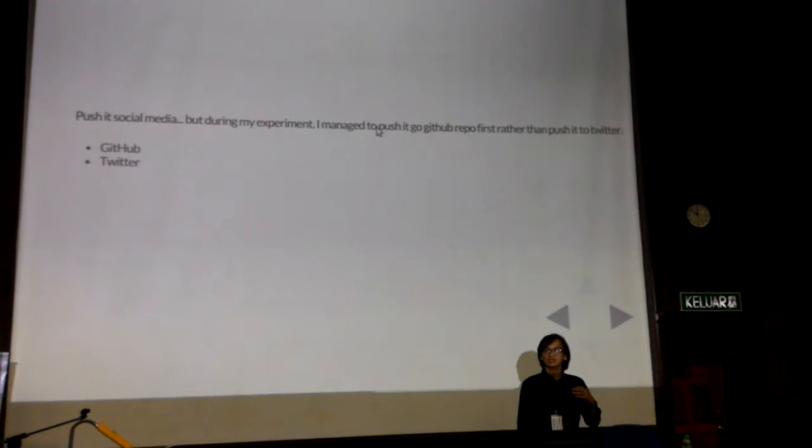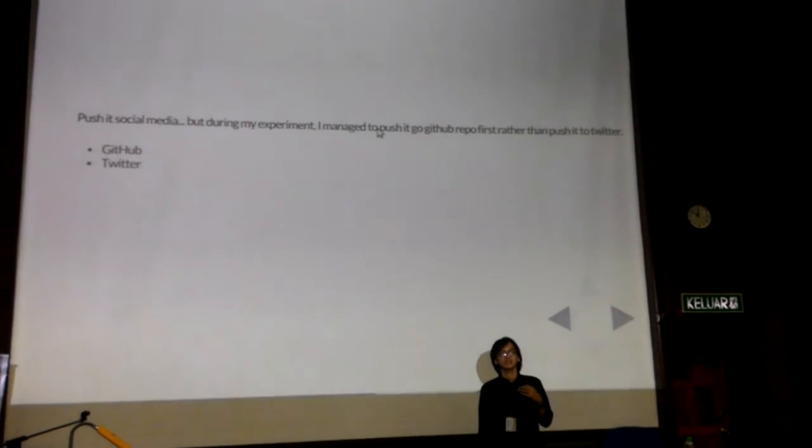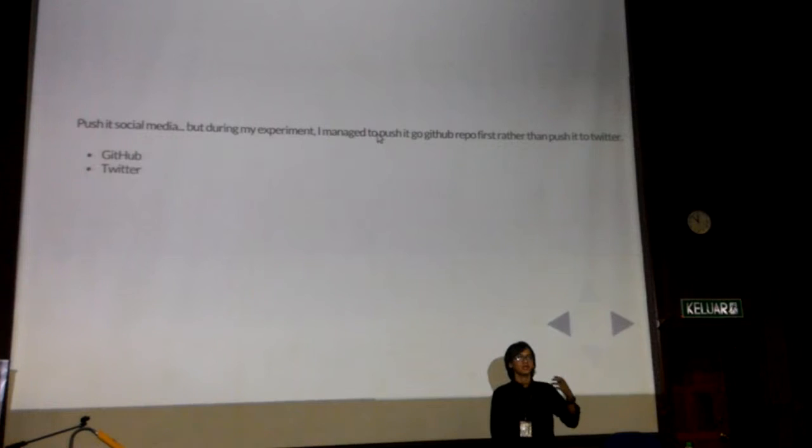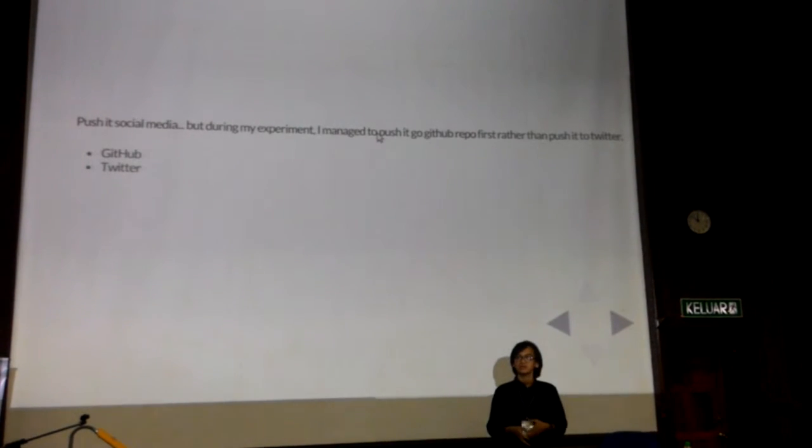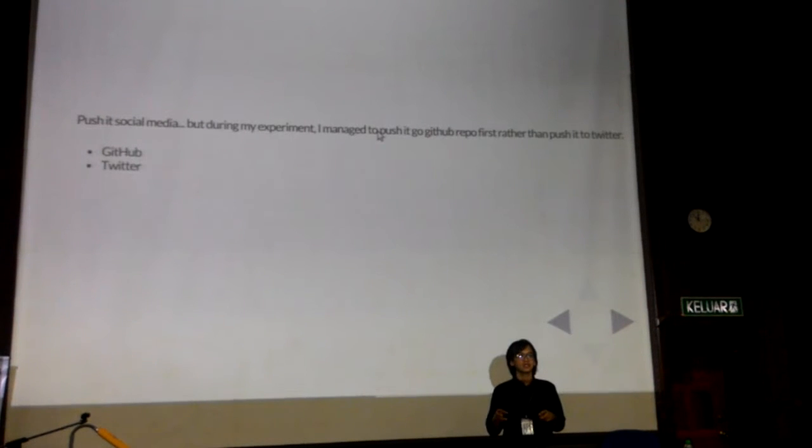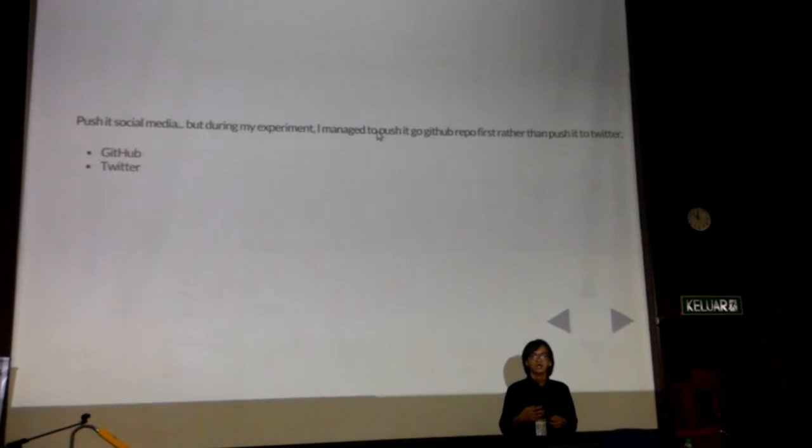I just found out that GitHub can also display our image files, not only our source code. Basically, GitHub is a Git repository, so people usually use GitHub to store their source code, basically just plain text. But later I found out that GitHub can also display our image files.